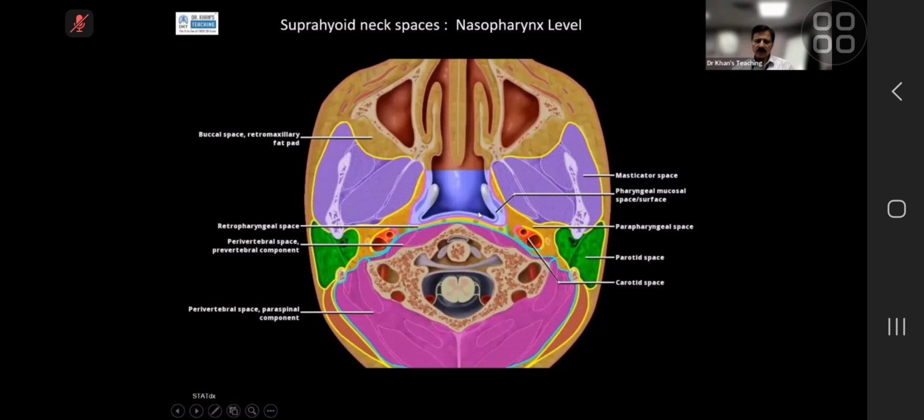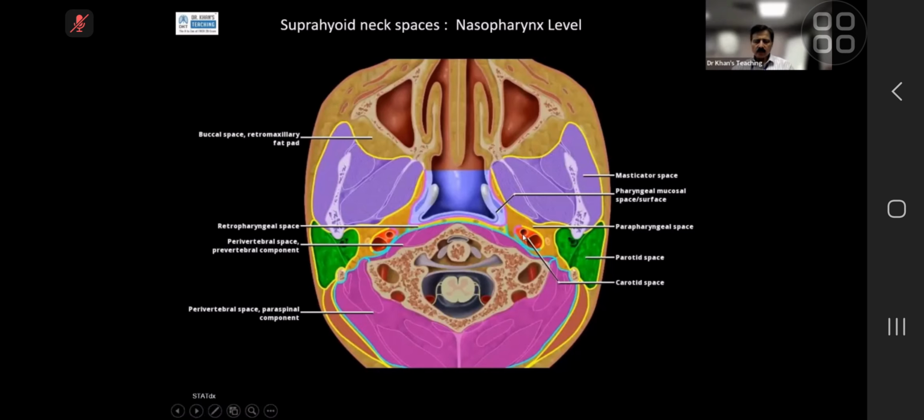So this is the nasopharynx. Now concentrate on what is here, where I am pointing: there is fat here, and this fat is parapharyngeal space. We will cover parapharyngeal space shortly. Anteriorly, there is masticator space. You can see this is the mandible, and these are the muscles of mastication.